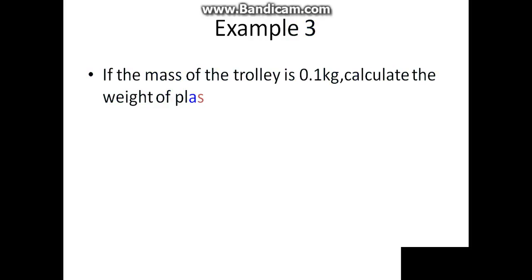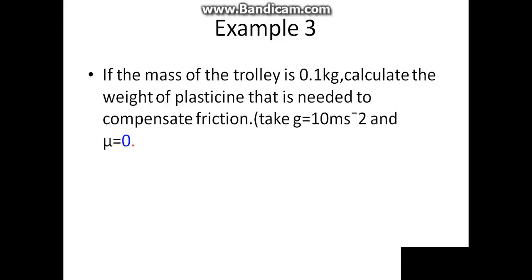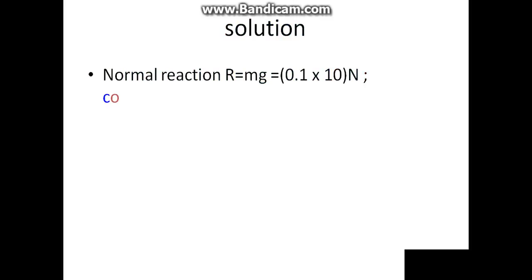Example 3. If the mass of the trolley is 0.1 kilogram, calculate the weight of plasticine that is needed to compensate friction. Take gravitation equals 10 meters per second squared, and coefficient of friction mu equals 0.2. Solution: normal reaction R is equal to mg, which is equal to 0.1 times 10 Newton.